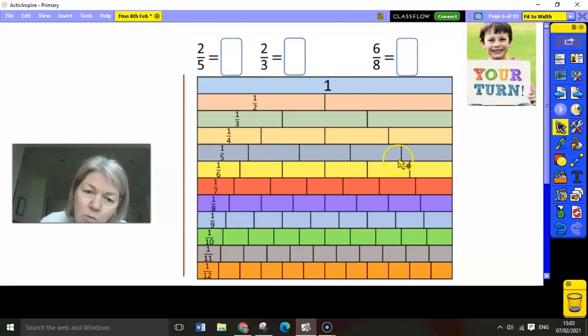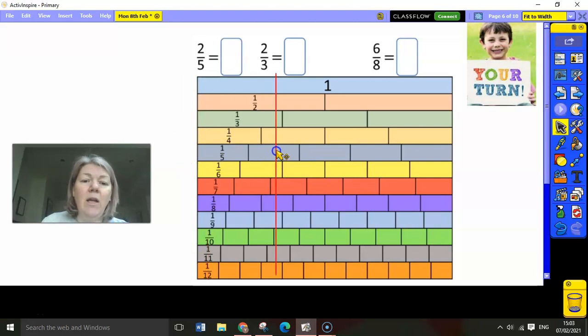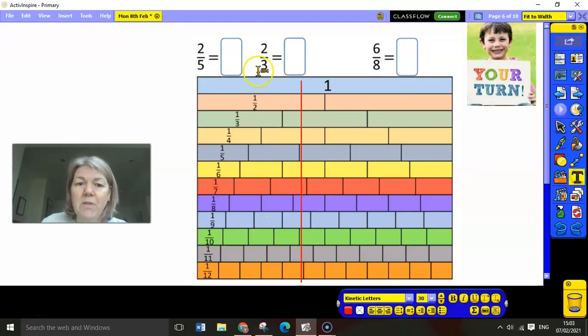Now I can see that this is 1/5. So this must be 2/5 here. So I'm going to place my ruler, I'm going to place my red line on my 2/5, and I can see that it is equivalent to another fraction down here. And I can see that 2/5 is equivalent to 1, 2, 3, 4 tenths. Okay, so I'm going to write 4 tenths in there.